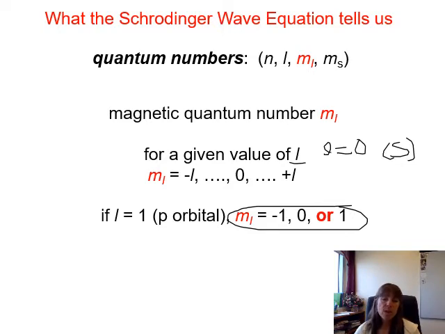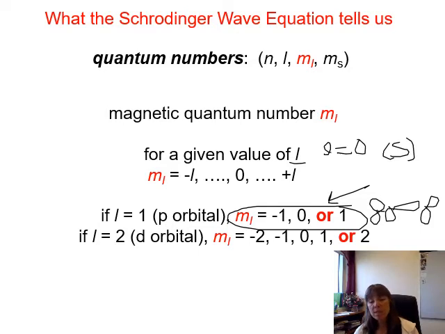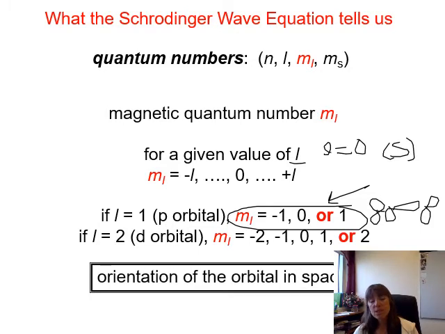So if L equals 1, these are the possibilities. And I don't know if you remember, there were 3 p orbitals, px, py, and pz. There were 3 of them. If it was d, then there's 5 different orbitals. And so this quantum number, magnetic quantum number m sub L, describes the orientation of the orbital in space.